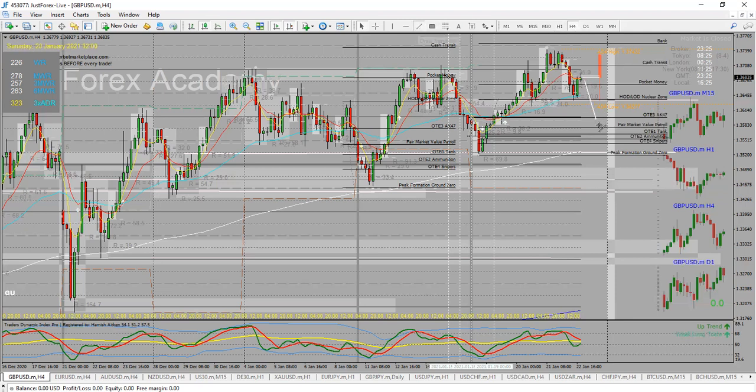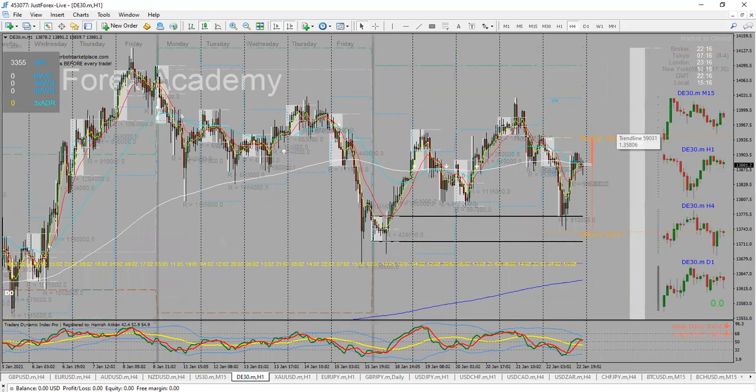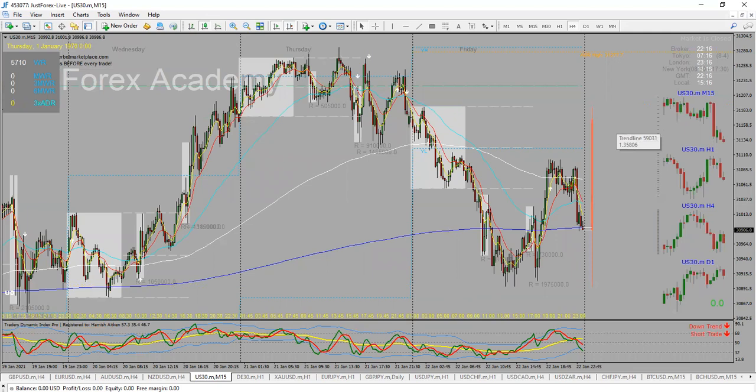And remember, guys, I'm just anticipating this one because they can just shoot and not come to test any of these zones at all, like they did with USD. No, which pair was it?